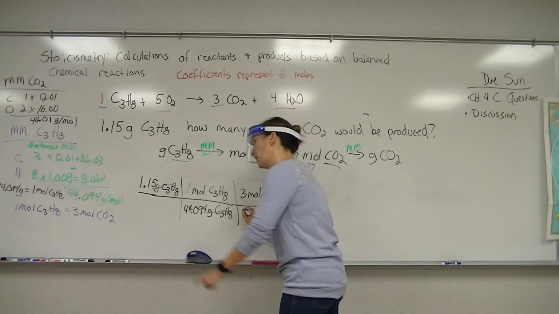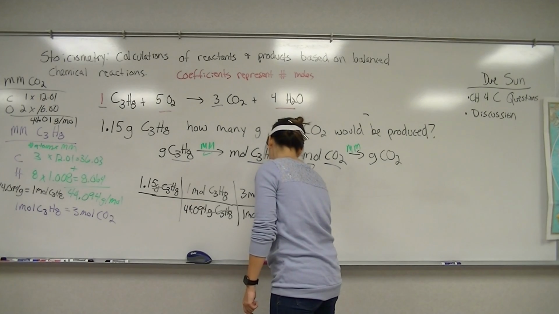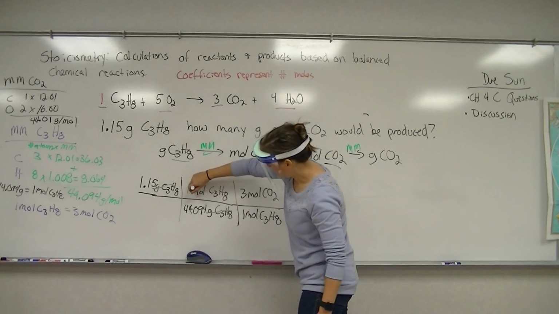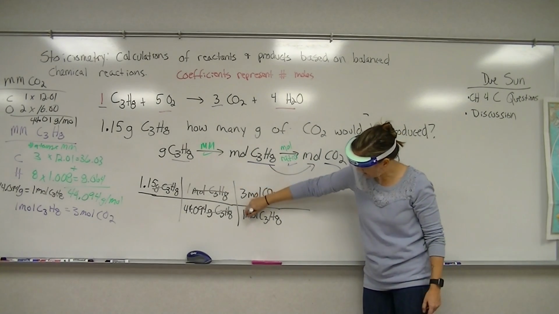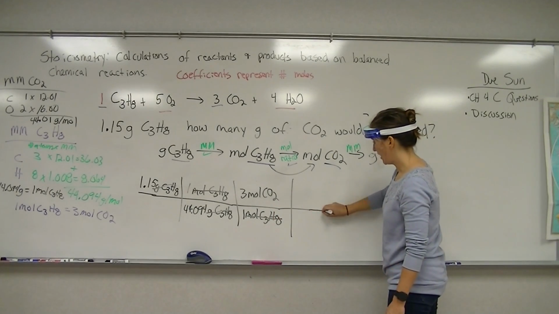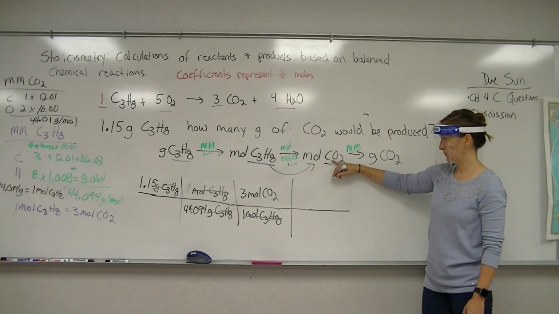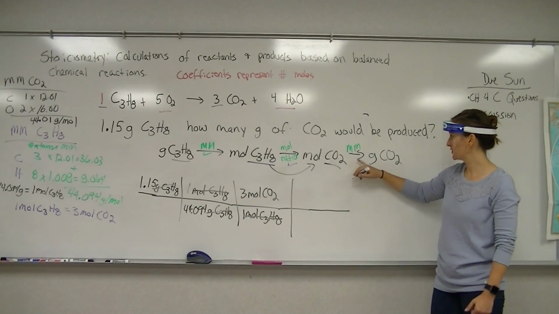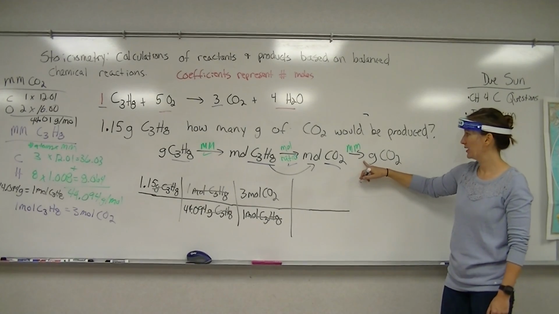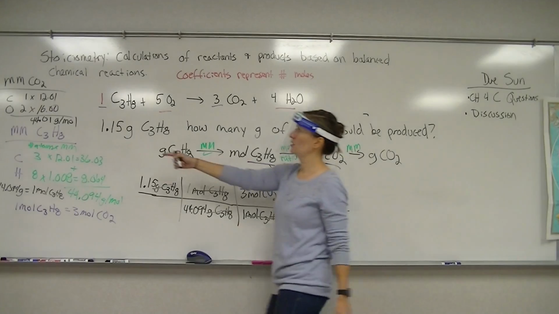That'll put the 1 mole of C3H8 on the bottom. That way, moles of C3H8, on opposite sides of that horizontal line, cancel. Now we are at moles of CO2. We're going to keep going, that last step to get it in grams. For that, we're using the molar mass we calculated up here for CO2.